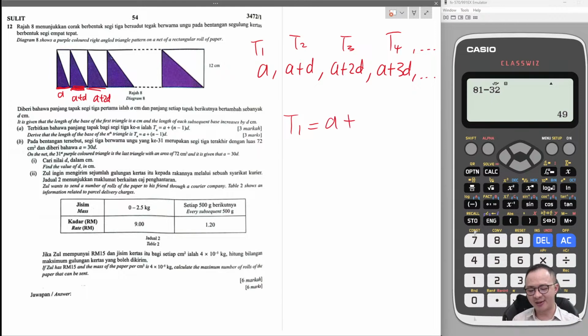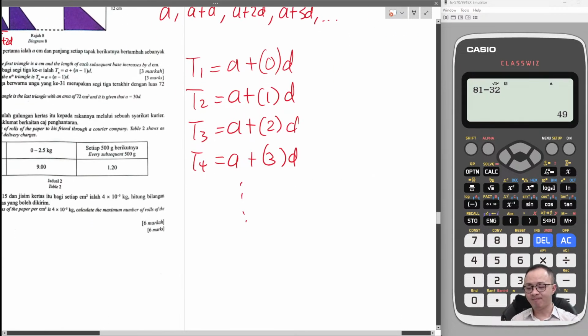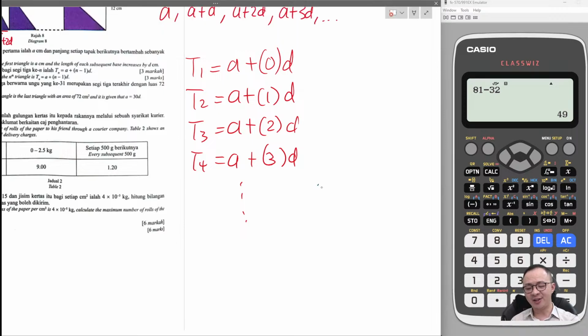This is A plus nothing here. Nothing here, I will say 0D. This is A plus 1D. Because I want to find some similarity, right? This one is A plus 2D. This one is A plus 3D. Okay, and so on. So based on this pattern, if you see carefully, at least you see this is a constant, right? So if I change to the nth term, the constant A must be there.